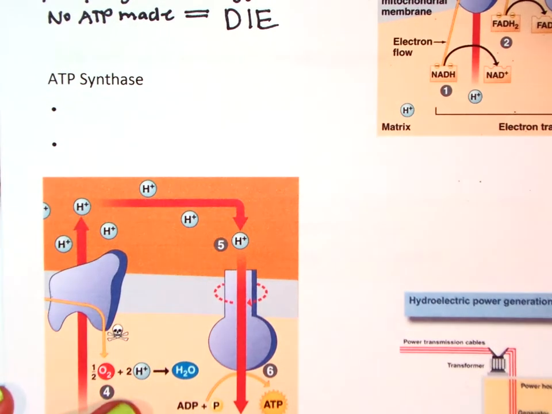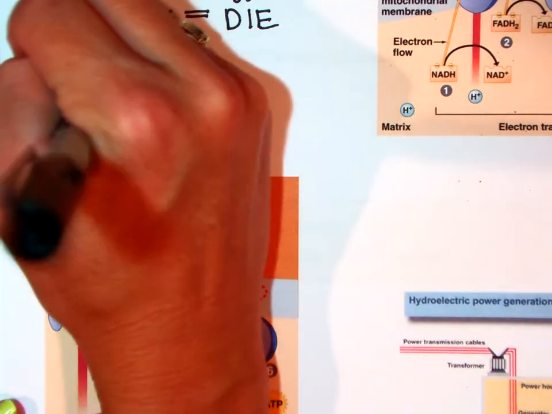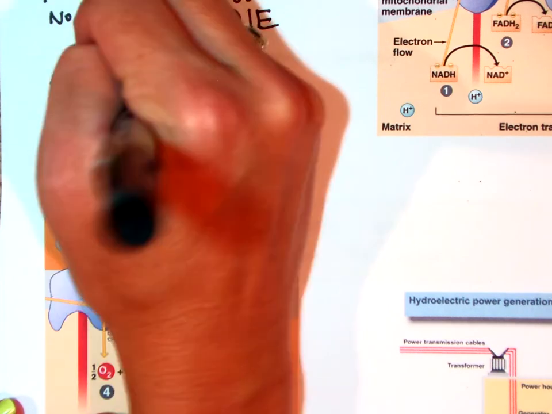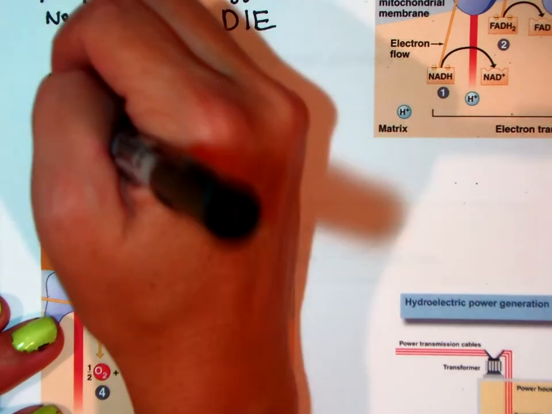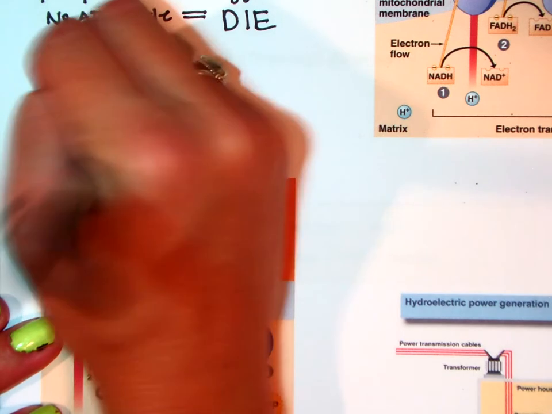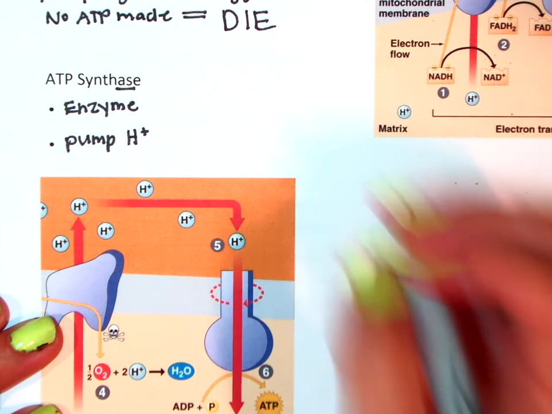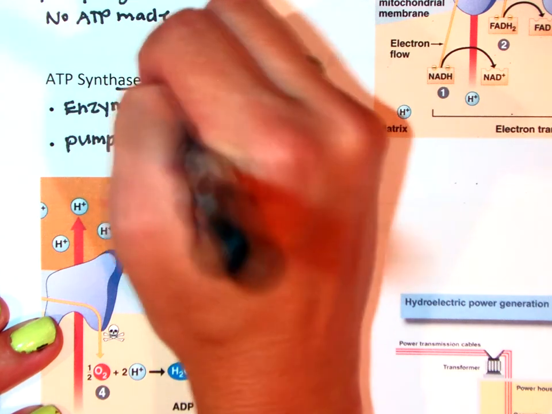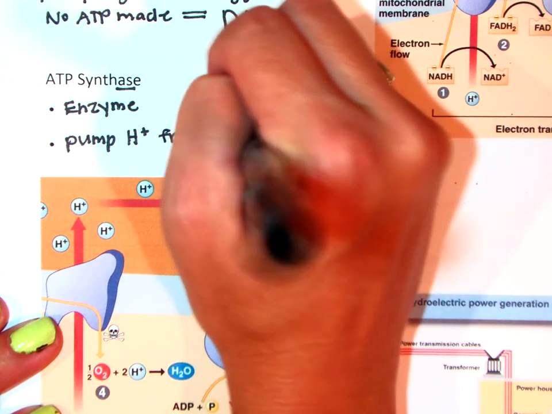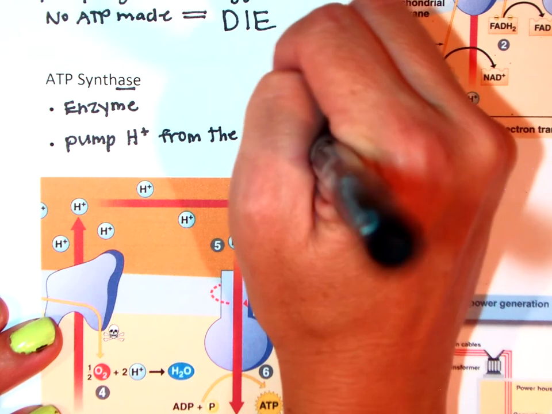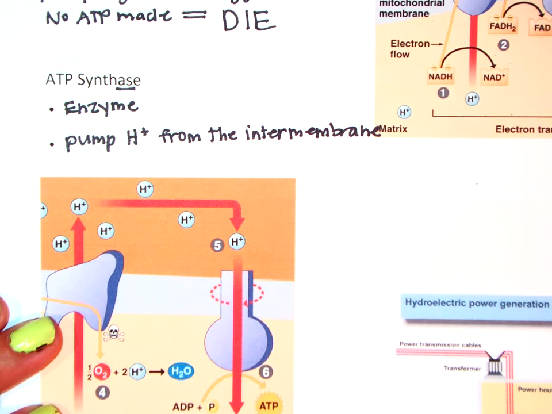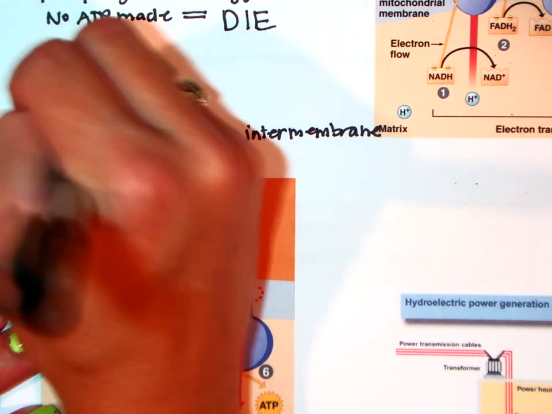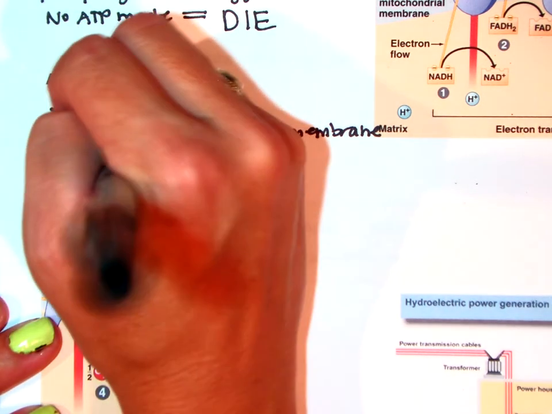So, ATP synthase is an enzyme. Anything that ends in ASE is typically an enzyme. And what it does is pump those hydrogen ions from the intermembrane space back into the matrix.